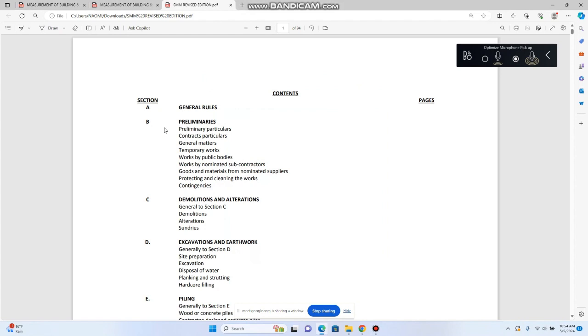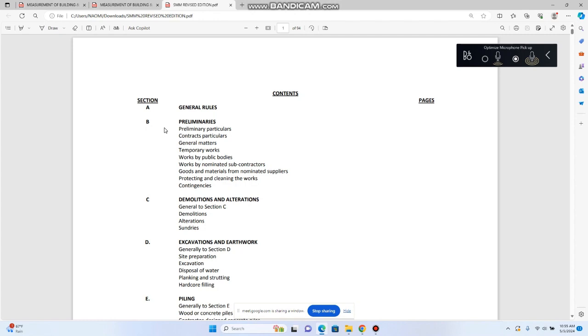All those works are not directly related to the building because we have not even started constructing. But okay, let's say they are related because they help in the construction process. But if we give the cost of the building, in measuring the walls, the floors, the windows, the doors, we will not include all these works. So preliminaries are all those works that are usually done before construction begins.